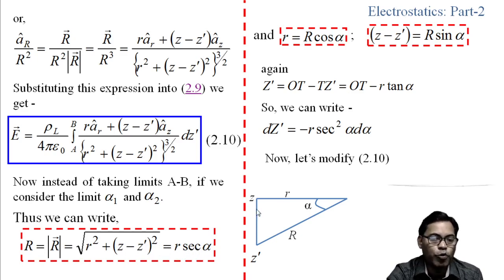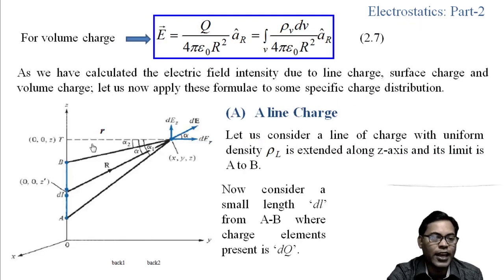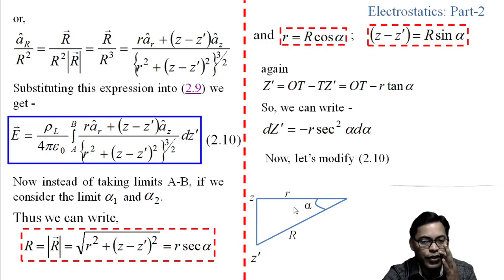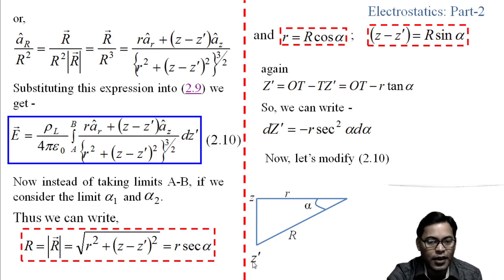Now how are we calculating this? We are replacing this expression by r sec alpha. You see that we have taken this triangle, where this is r, this is z, this is z prime, this is capital R, and this angle is alpha. That triangle we have taken in this page. Here this is r, z minus z prime, and this is the angle alpha.